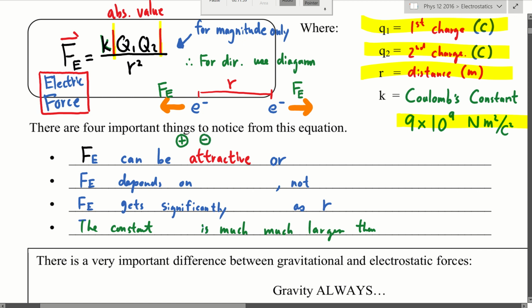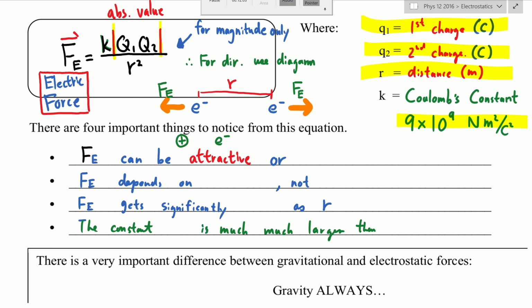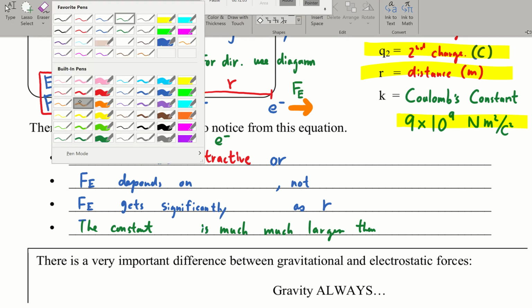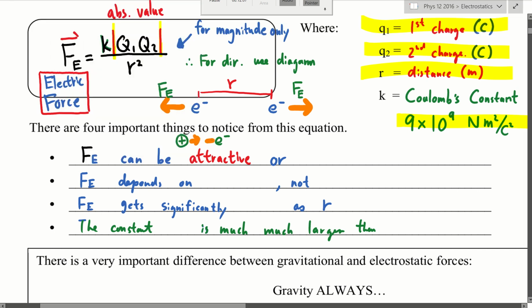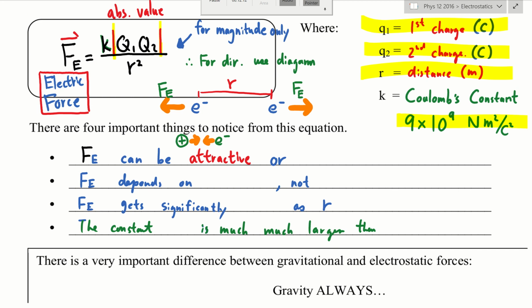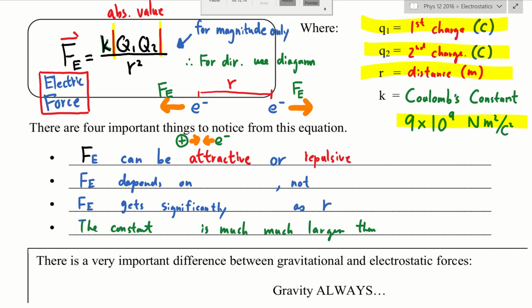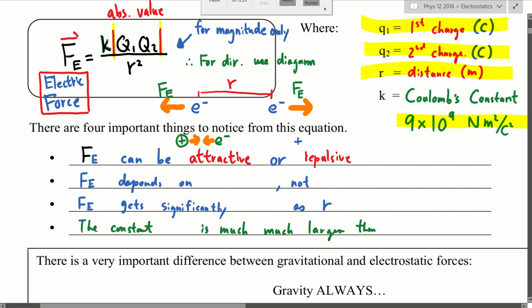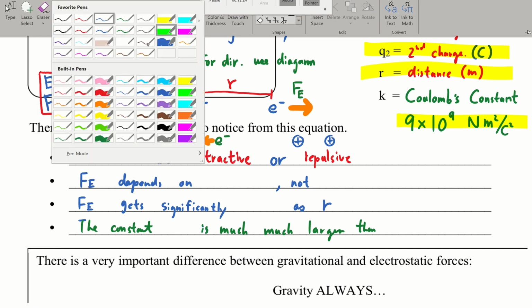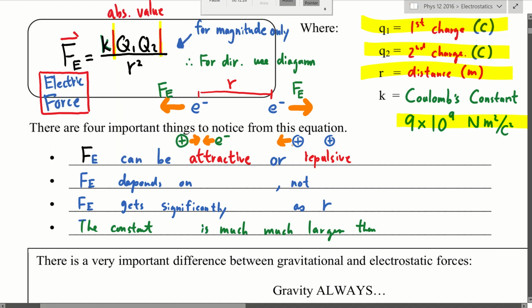For example, like a proton and an electron, then they would like to stay together. So they will be attracted toward each other. If you have a positive and a negative charge. Or it can be repulsive. Now, when will it be repulsive? Well, it's easy. If you have two protons or two electrons. So, for example, two positive charges or two negative charges, then the objects repel.